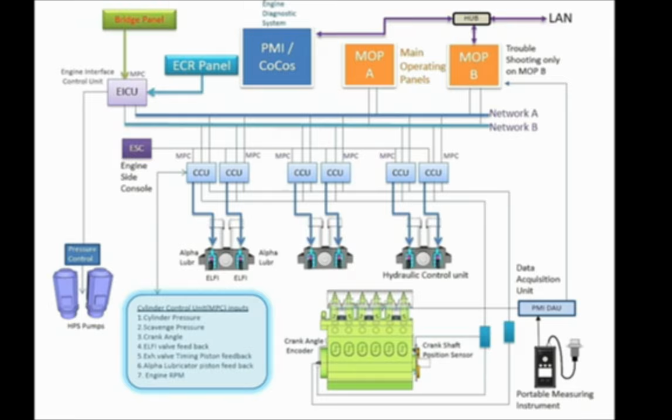From the MOP you can compare and check the pressures and timings of the fuel injections and the pressure values, and then this data goes to the PMA computer through the hub. This is the setup. And a portable measuring instrument can also be used through the PMI data acquisition unit for calibration purposes. We will now discuss this section by section in detail.